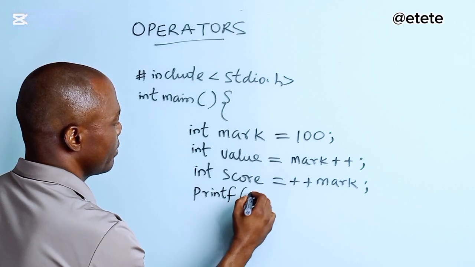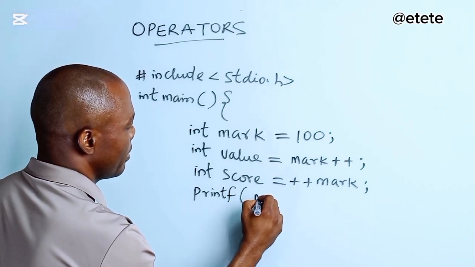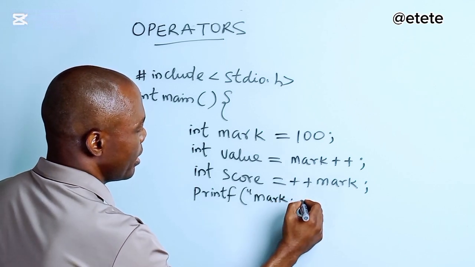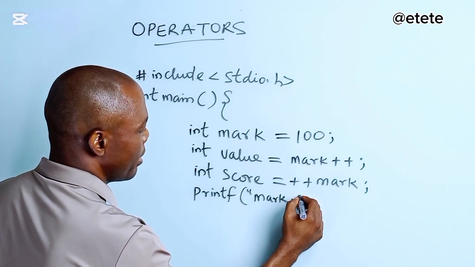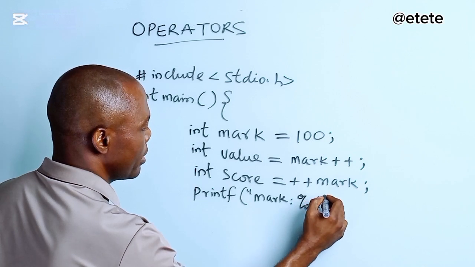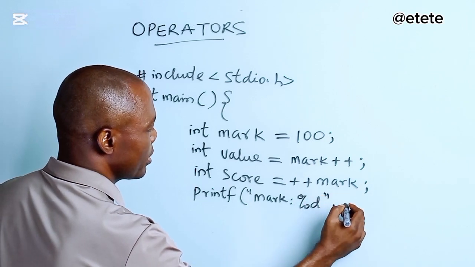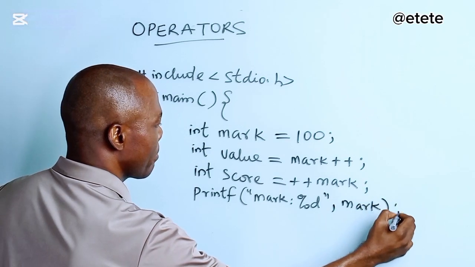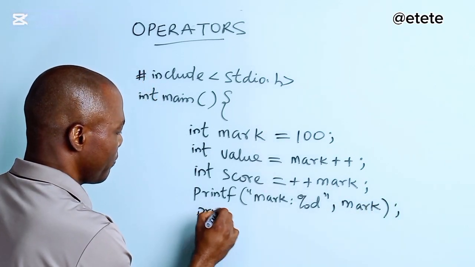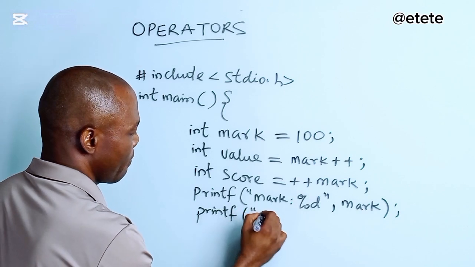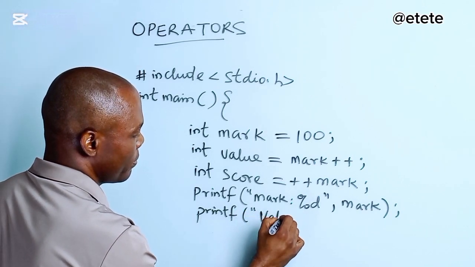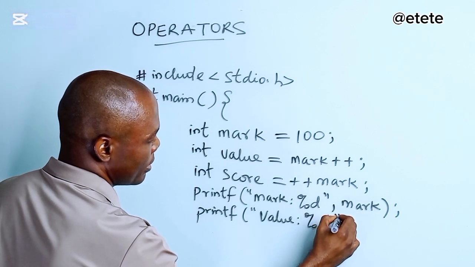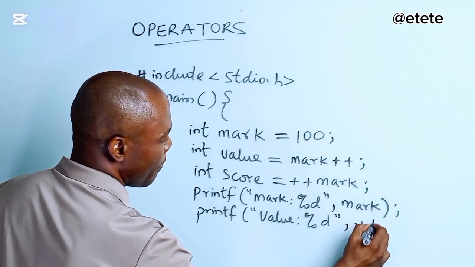Then I will say printf, I'll put this here and I'll say percent d, and I'll say mark. Here I'll say printf value, and I'll say value.